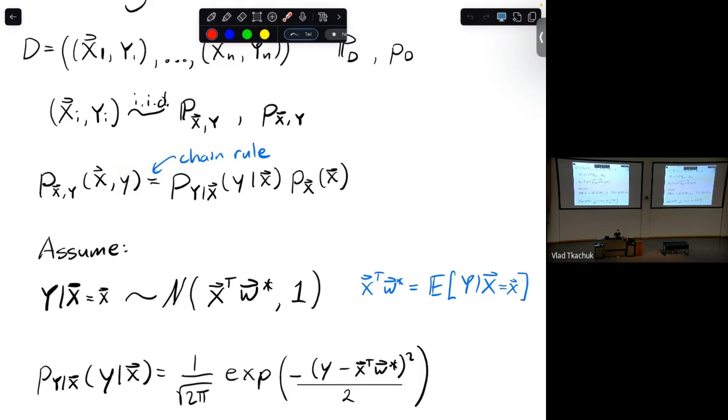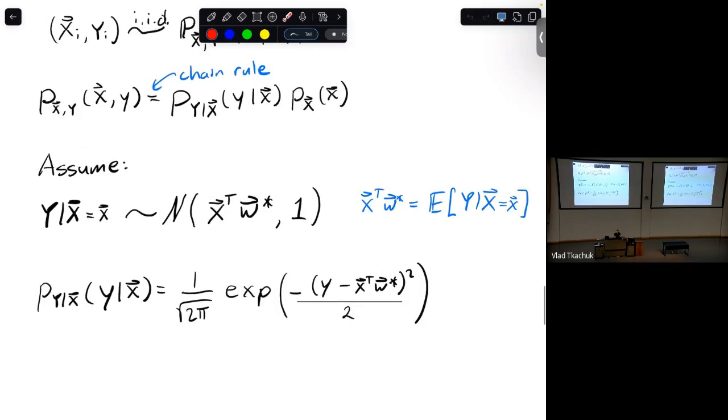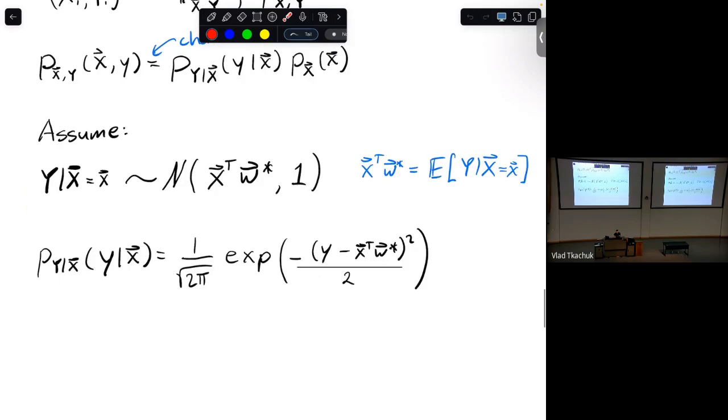And I just mentioned that there's this chain rule property for this kind of joint PDF, which breaks things up into the conditional and the marginals, which we will use a little bit later. Okay. Then, remember, in all this stuff, you have to assume what is the distribution generating your data, and so we have to make an assumption of what is the distribution of y given x, right?